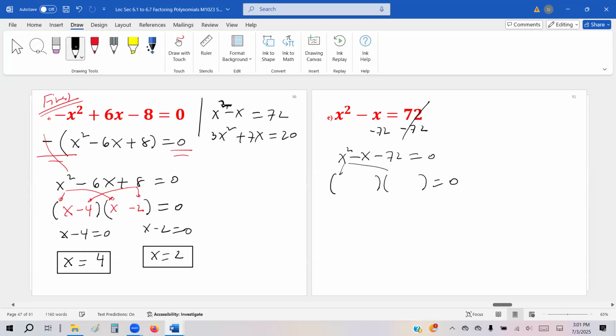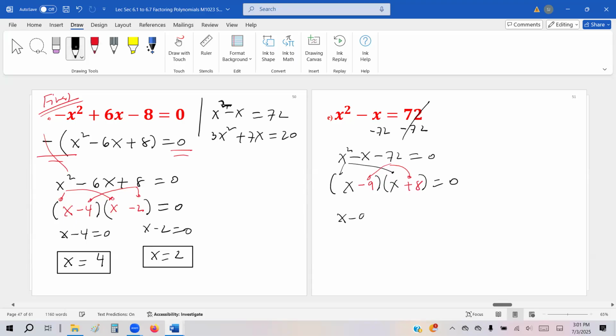And now it's a simple quadratic, so we can factor directly. The x squared turns into x and x. And how about the 72? Which two numbers multiply to negative 72 combined to negative 1? -9, +8. So 9 times 8 is 72, 9 minus 8 is 1.